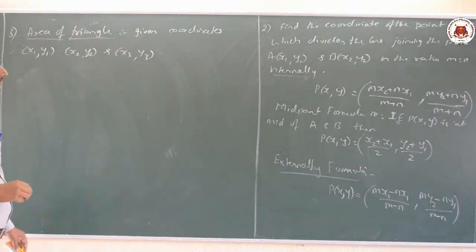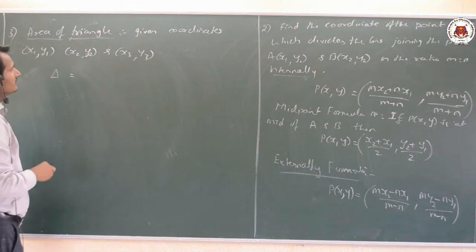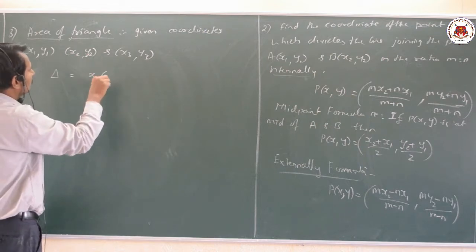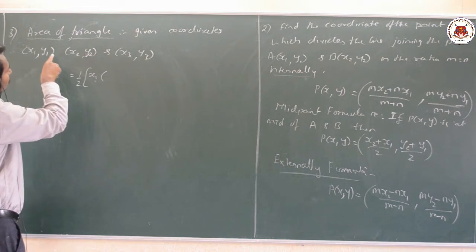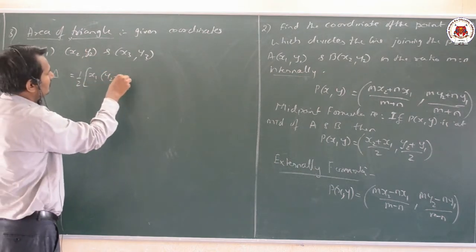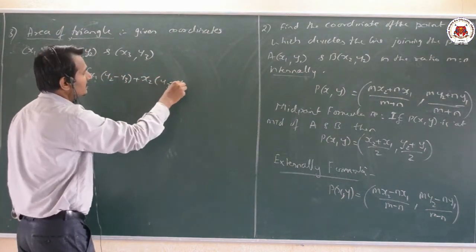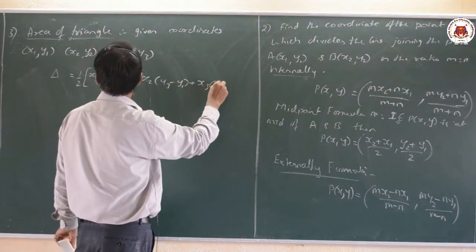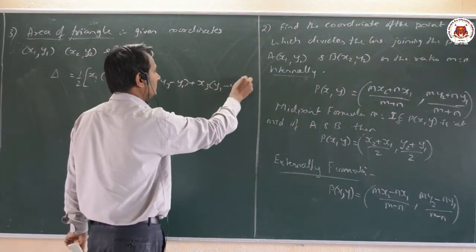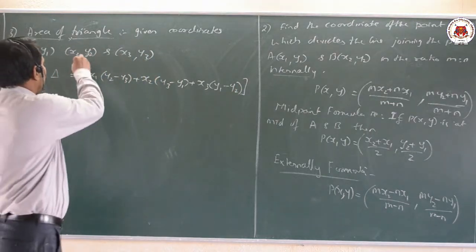The area of the triangle is denoted by del, which is 1 by 2 into x1 into y2 minus y3 plus x2 into y3 minus y1 plus x3 into y1 minus y2. This is our formula to find the area of the triangle.